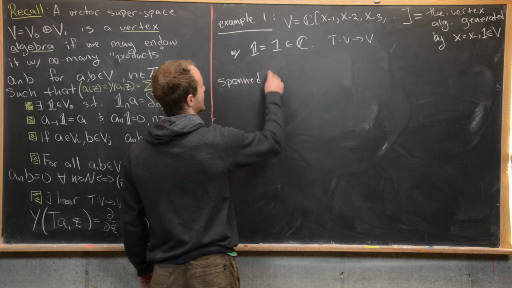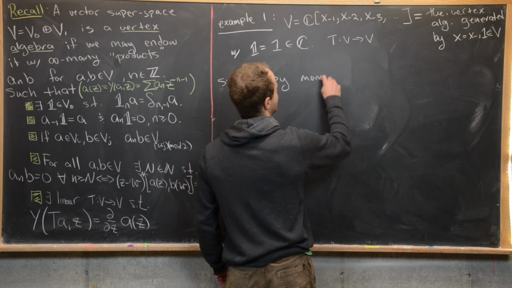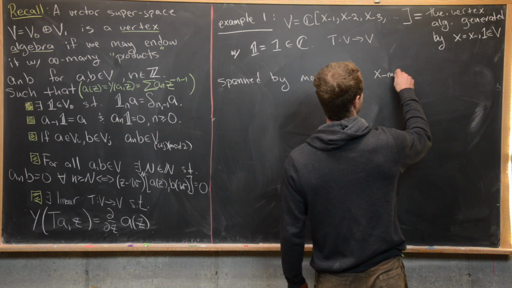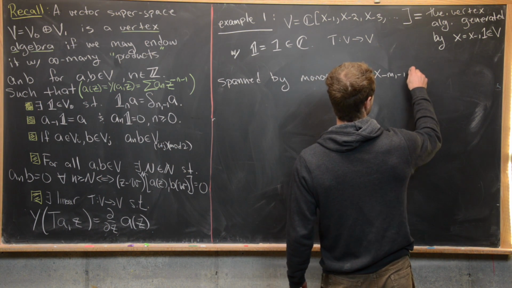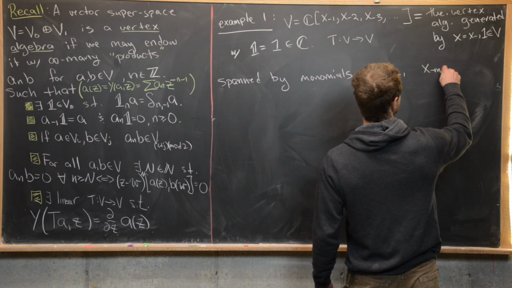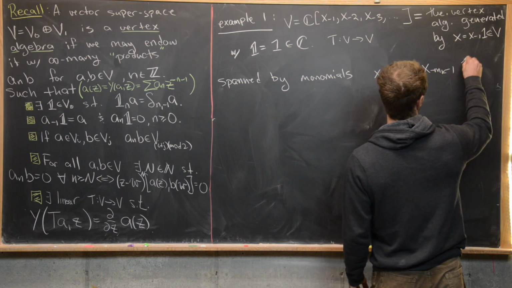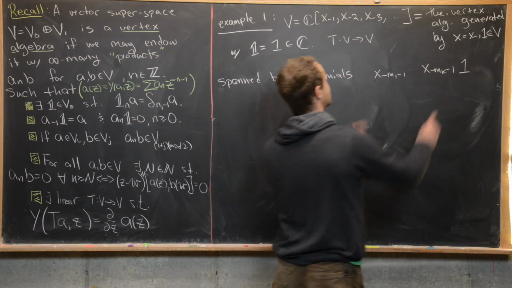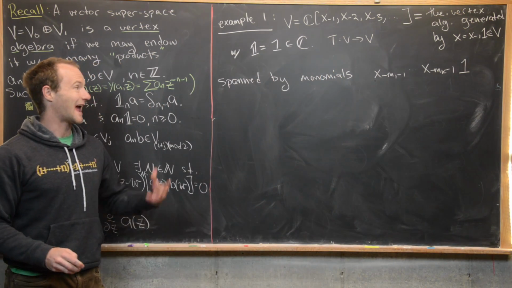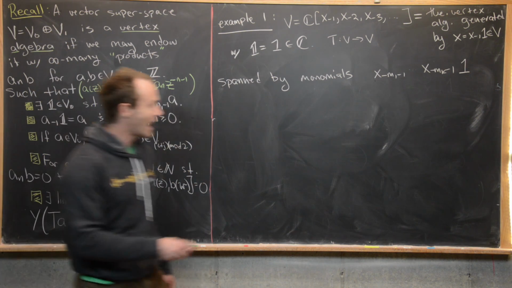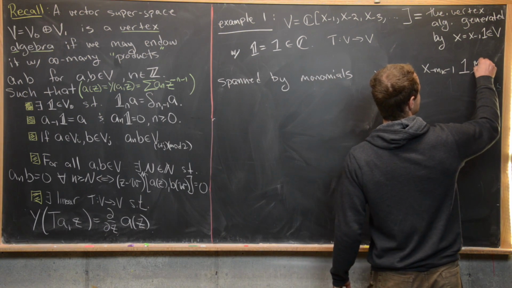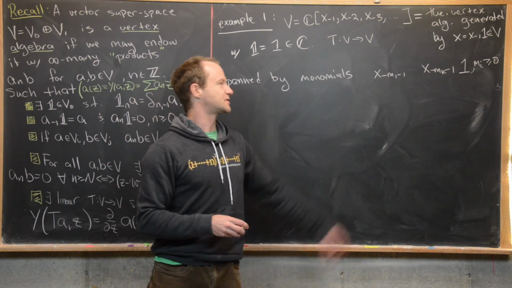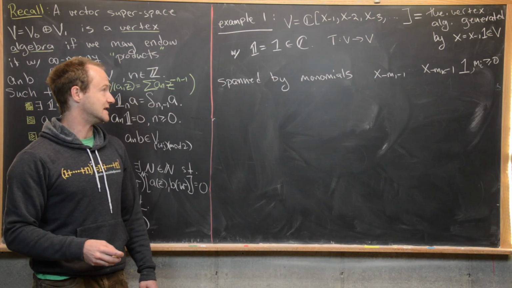So this is spanned by monomials of the form x sub minus m1 minus 1 all the way up to x sub minus mk minus 1 on the number 1, or the vacuum. Or you can just think about it as this monomial with k terms, where these mi's are all greater than or equal to 0, which keeps our subscripts negative as needed.